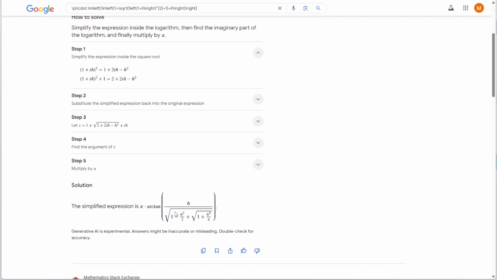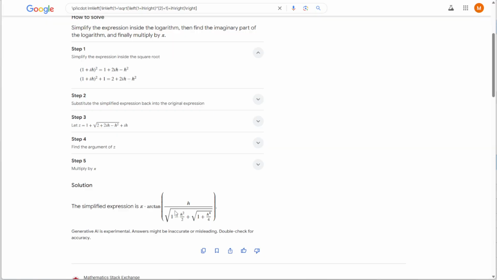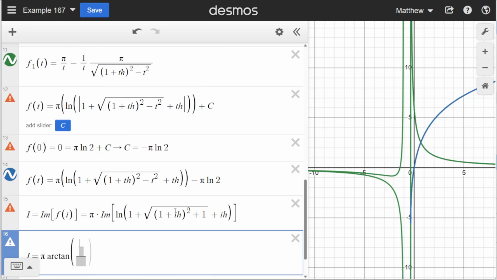So the simplified expression is pi arctangent of h over, and let's test this. So we have I is equal to pi arctangent of, and then what's on top? h.